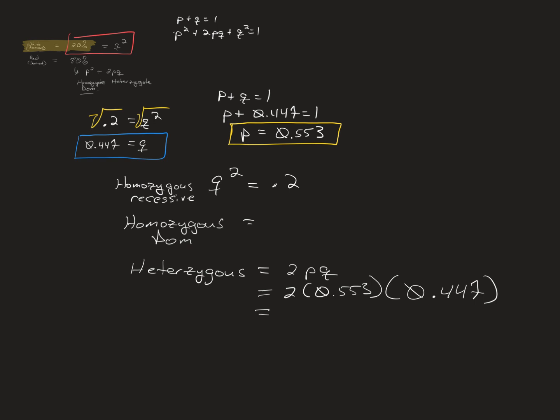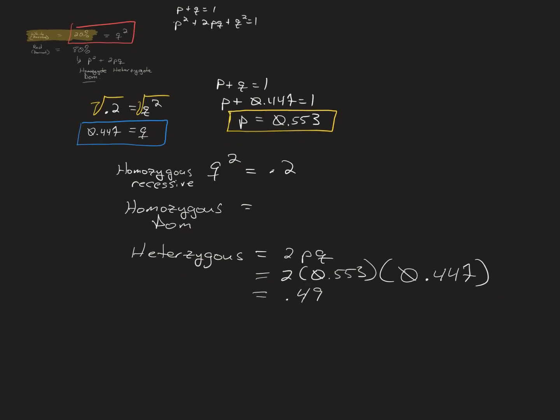What is 2 times 0.553 times 0.447? 0.49. I'm just going to round up. So that means it's going to have rounding error at the end. Just remember that. But I'm going to go ahead and accept that.